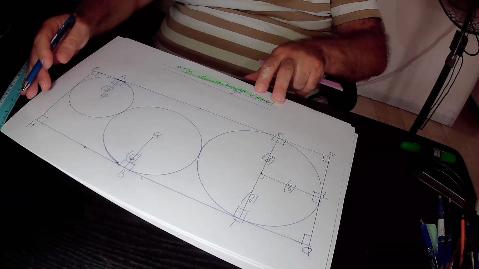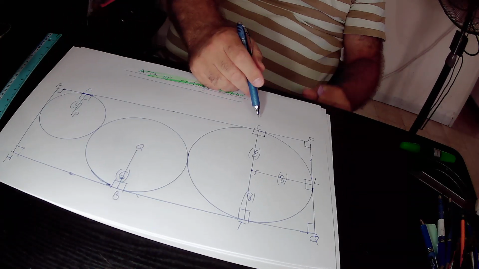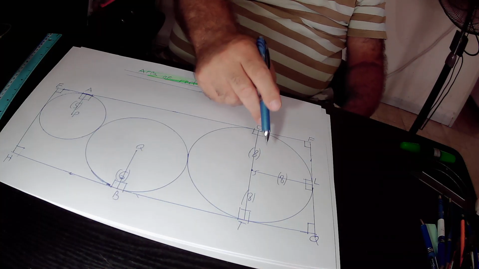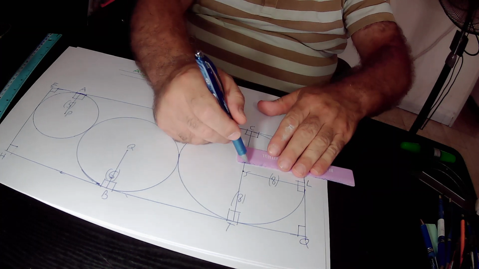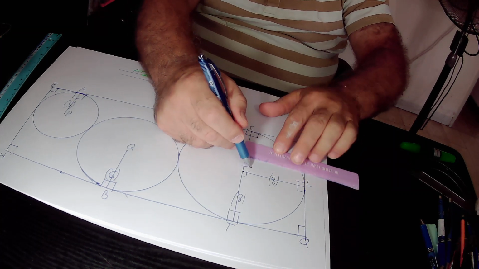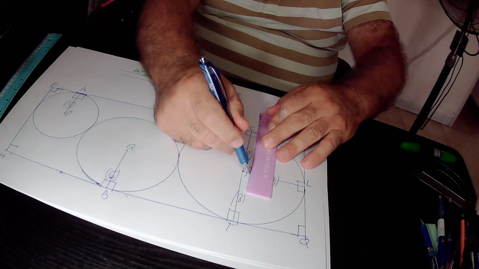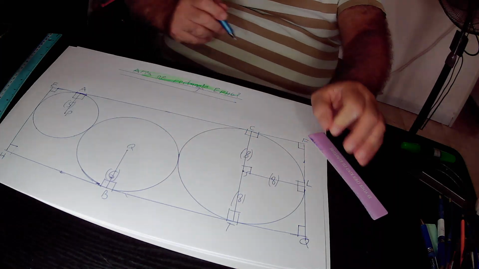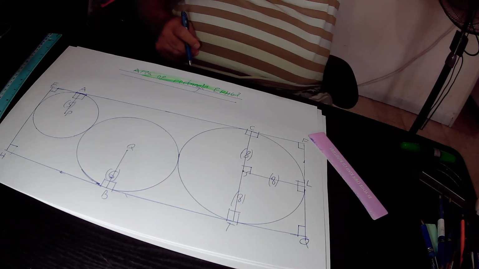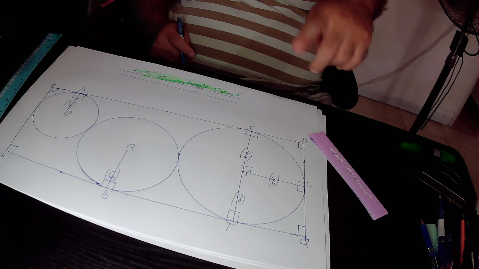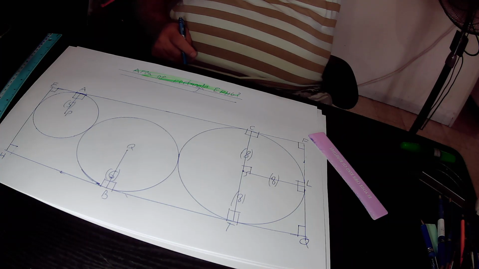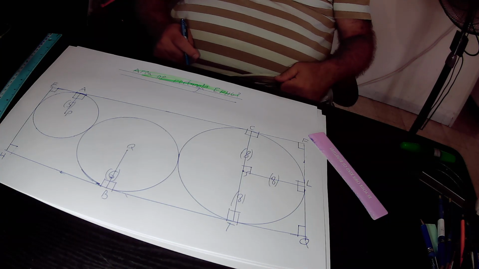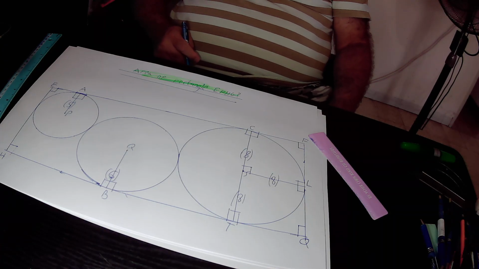So in this quadrilateral CFLS, we have 1, 2, 3 right angles, and therefore this fourth missing angle must be equal to 90 degrees in its size, according to the rule that the sum of the angles in any quadrilateral is equal to 360 degrees. Therefore, quadrilateral CFLS has 4 right angles, and according to rule 5, any quadrilateral that has 4 right angles must be a rectangle, if not a square.